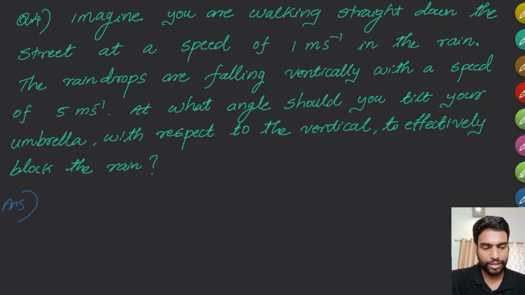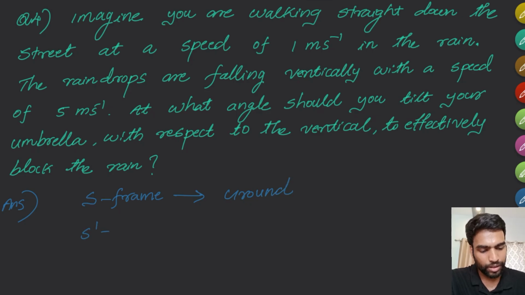See, to understand this, we have to denote what is the S frame, what is the S dash frame, right? That is the first step. So let me denote. S frame is definitely, S frame is nothing but ground. S dash frame is, of course, the person itself.